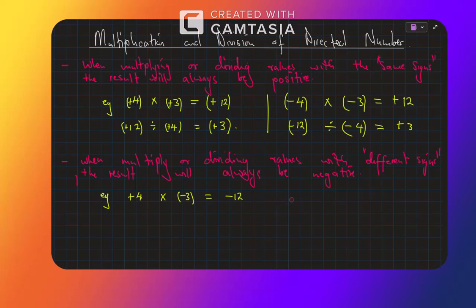If we divide negative 12 by positive 6, the value will always be negative because they have different signs. So the value is negative 2, right? And this is how you deal with directed numbers.